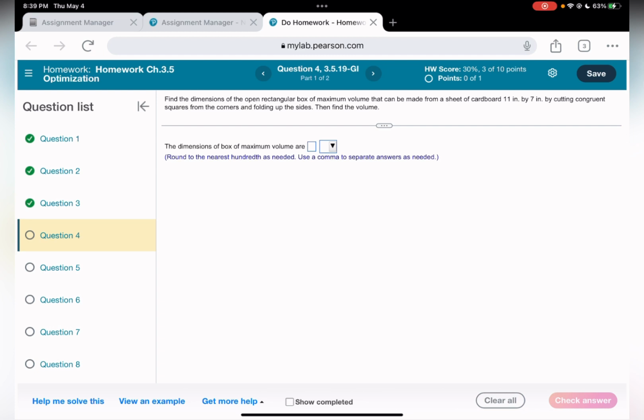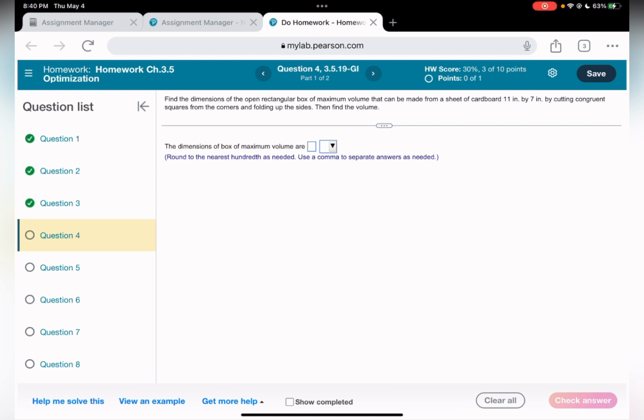So let me write down 11 by 7 inches. Okay, by cutting congruent squares from the corners and folding up the sides, then find the volume. So we need to find the sides and then the volume. All right.